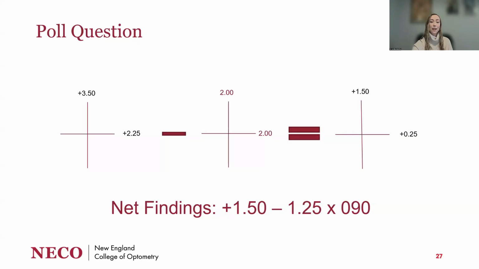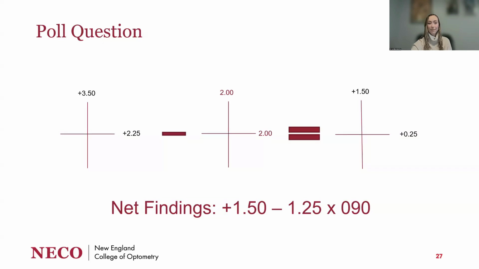So after taking out a 2 diopter working distance, because we were at 50 centimeters, we end up with +1.50 at our 90 degree meridian on the power cross and +0.25 at the 180 degree meridian. Our axis is at 90 because that's our most plus meridian. And then we proceed to find the difference between our two meridians, which is actually a 1.25 diopter difference between those two powers. That gets us our net finding of +1.50 -1.25 at axis 90.